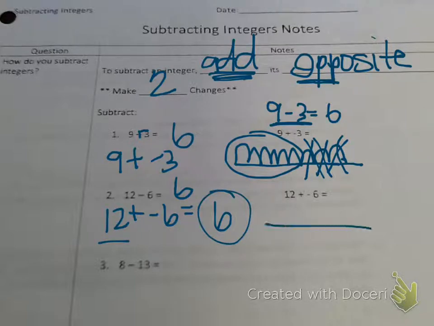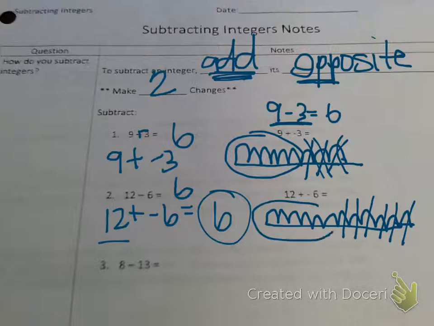Once again, if I have 12 and I take 6 away, I have 6 left over.